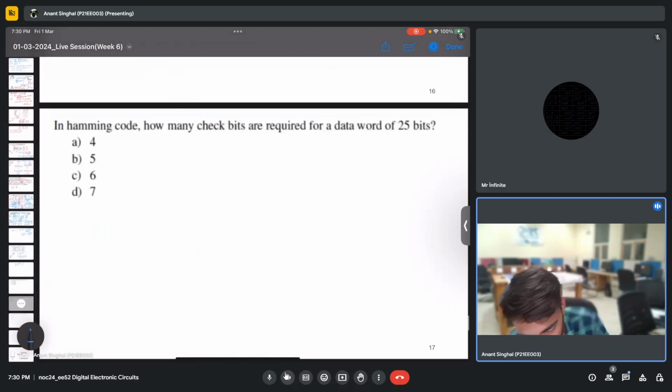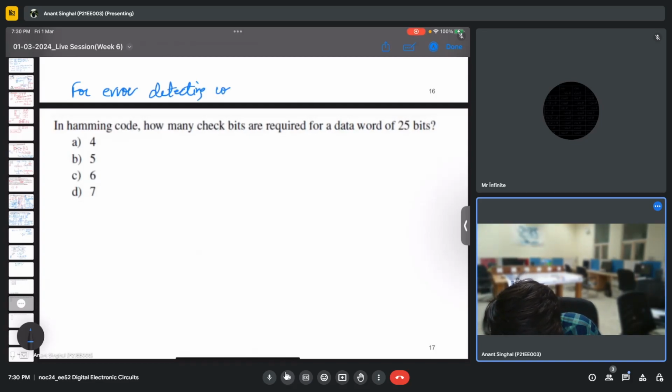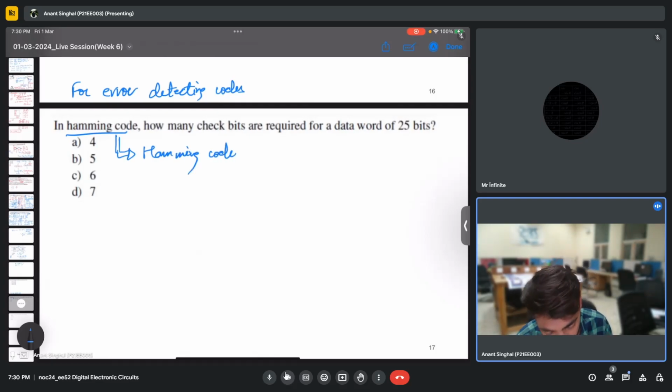Okay, so now we have some questions for error detecting codes. One of the codes is the Hamming code. So Hamming code has a certain relation. In the question it has been asked how many check bits are required for the data word of 25 bits.